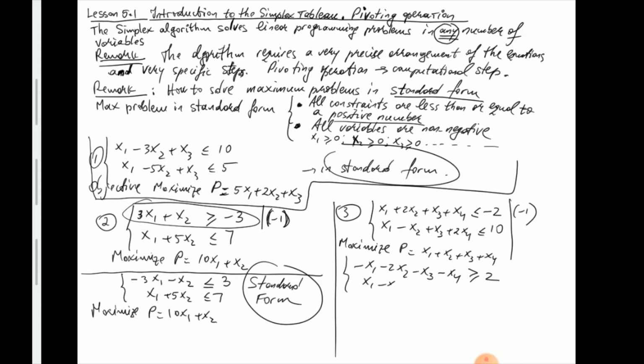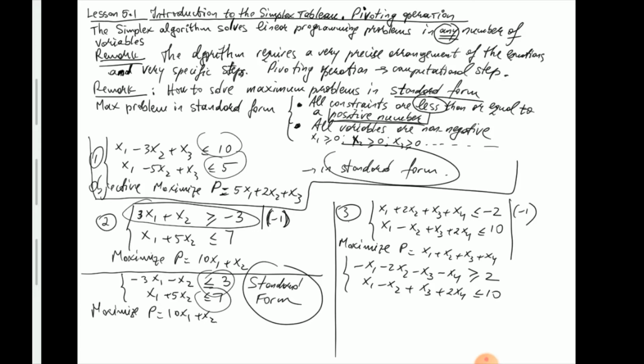But you still do not have the problem in the standard form, because there are in fact two conditions. All constraints are less than or equal to a positive number, so you need to have less than positive, less than positive, less than positive. Same thing as example 2.